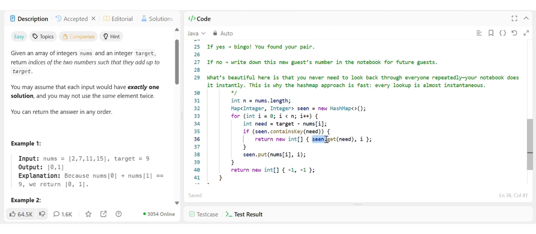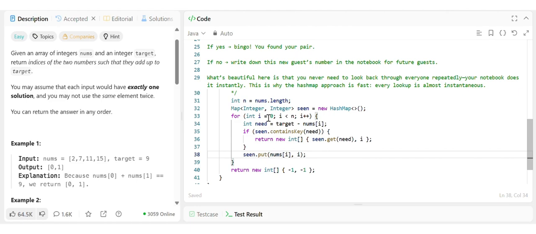And if this doesn't happen, then open my notebook seen.put, and put the new key-value pair: the key is the number of this current person, and the value is the position of this current person in my notebook.